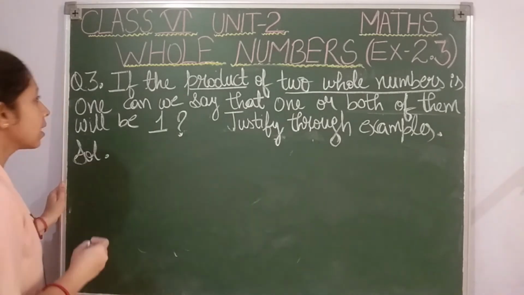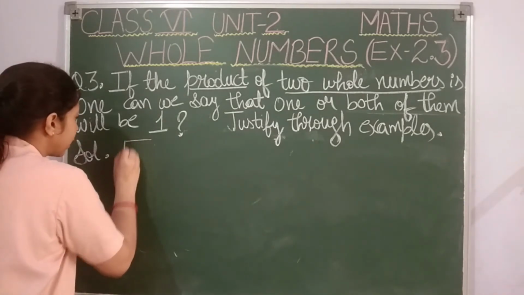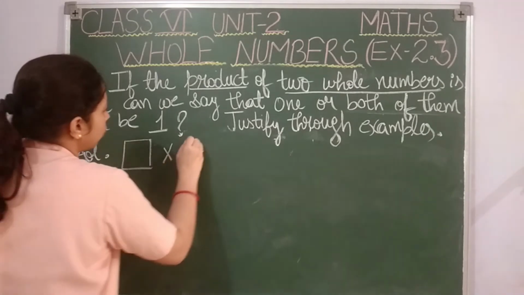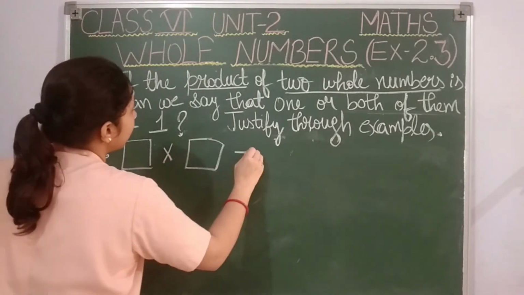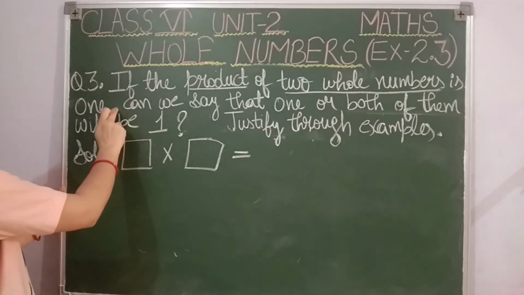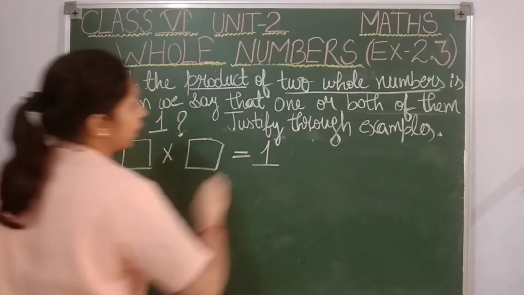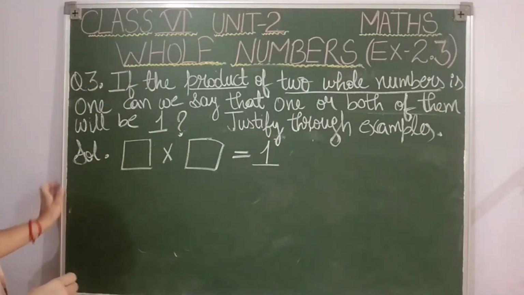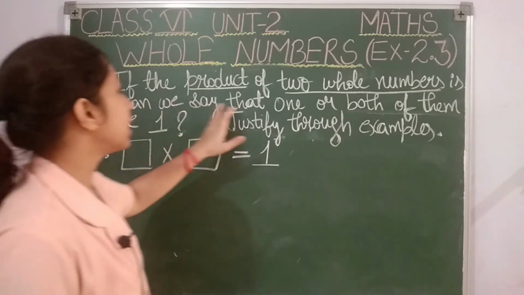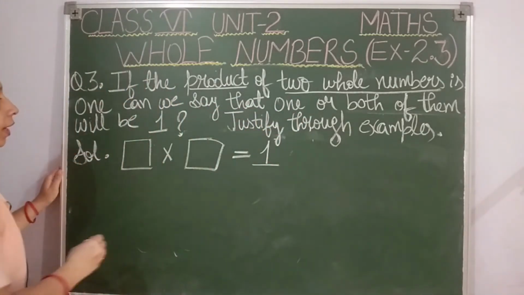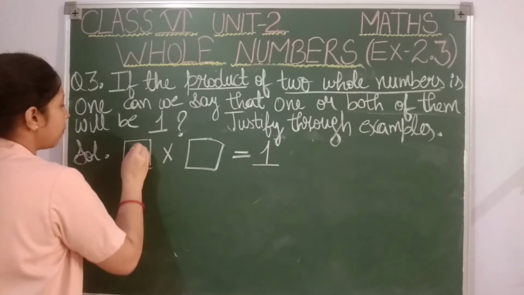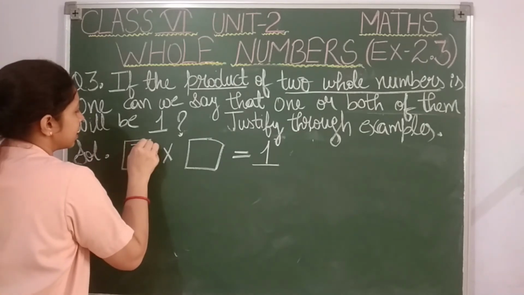Let us see, students. Again I will put blanks for explaining you. So I will be taking two whole numbers, and when I multiply them, I will get the result as 1. The product will be 1. Then can we say that one or both of them will be 1? Now for getting the product as 1, I am taking any number, suppose 7.